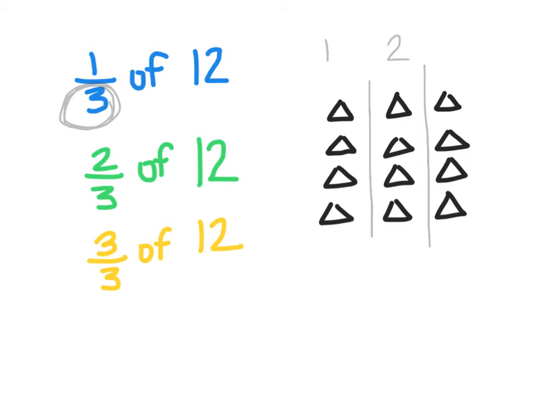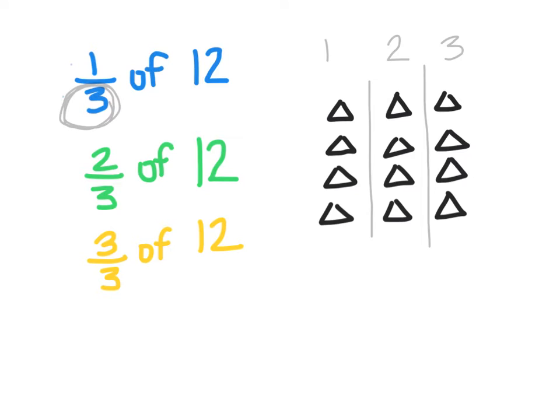1, 2, 3. Since we are only looking for the first one, we're only looking for 1/3, we're only going to focus on one group. So remember, the top number is the amount of groups you are looking for. The bottom number, the denominator, is the amount of groups total that you have.